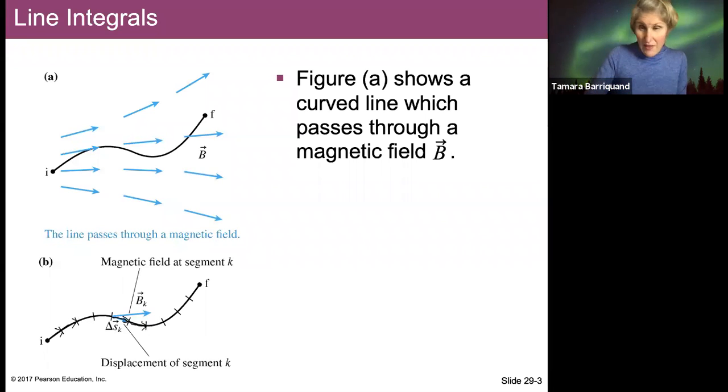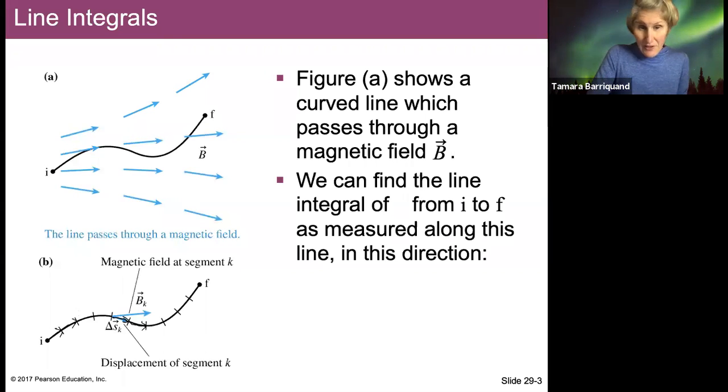And so if we want to find the line integral of the magnetic field B from I to F, as measured along this line in the direction indicated in our picture, then we will take the sum of the pieces of B that are in the same direction as S. So that will be B_k dot ds.